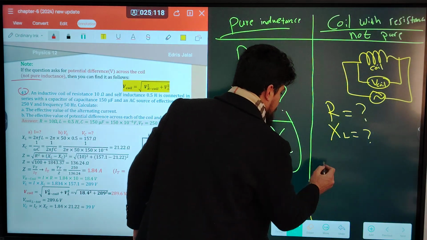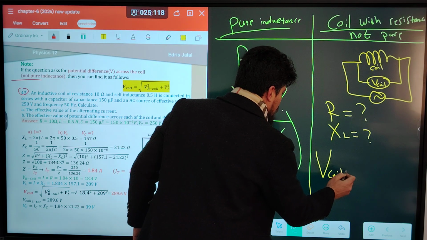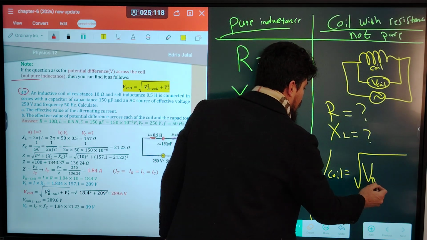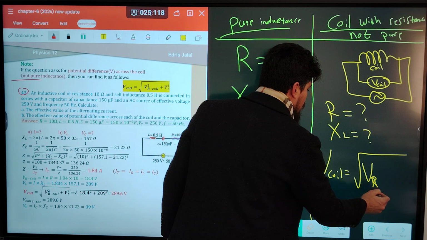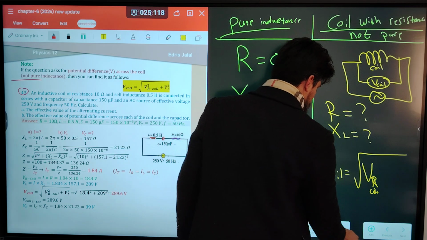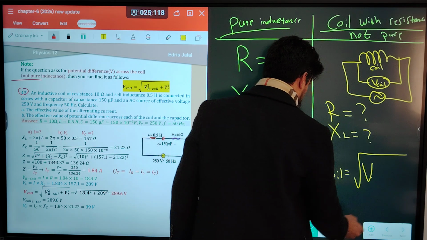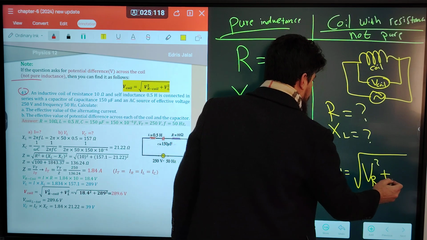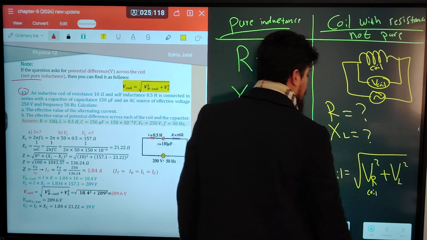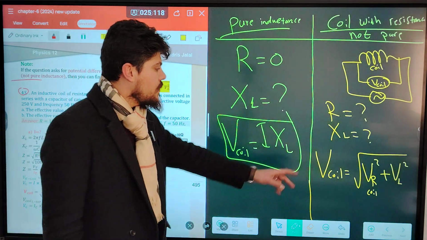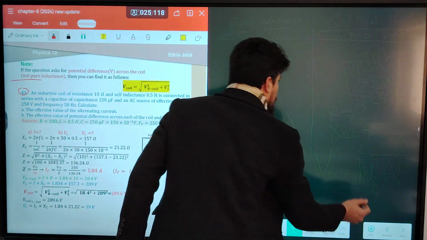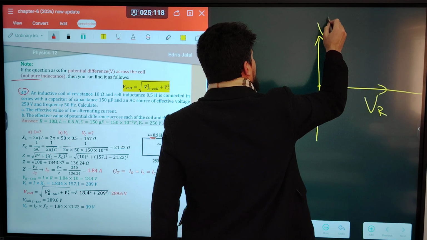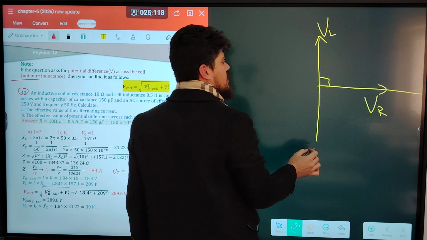V coil, guys, V coil is equal to what? You have to use the Pythagorean theorem. VR of coil square plus VL square. Why do we have to use Pythagorean theorem? Because resistance with inductance is perpendicular.